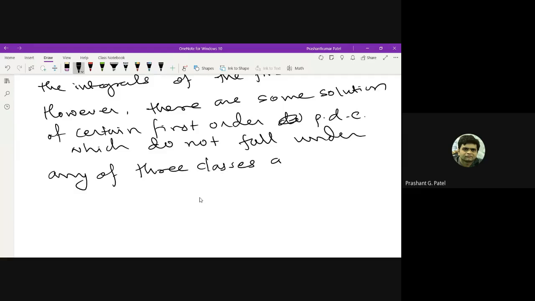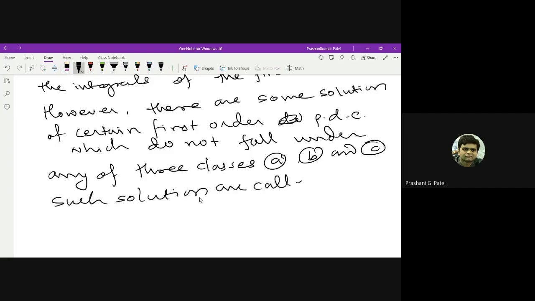The classes we have discussed are A, B and C. A is the complete integral, B is the general integral and C is the singular integral. So if a solution does not fall under these three classes, such solutions are called special solution or special integral.